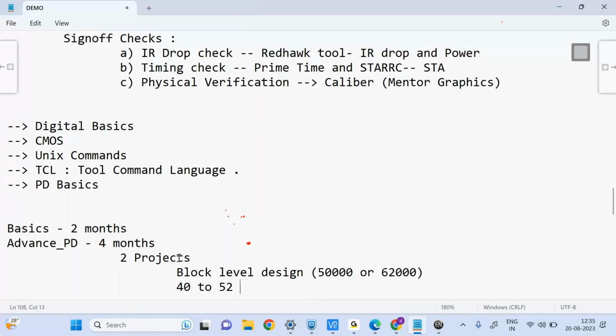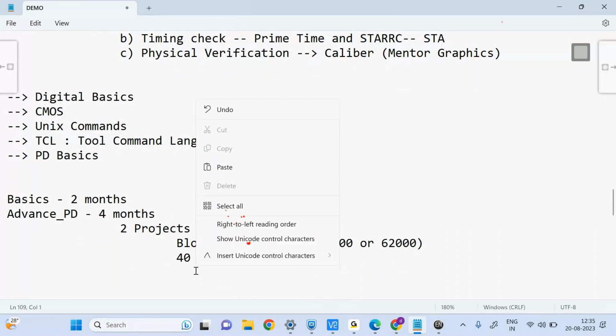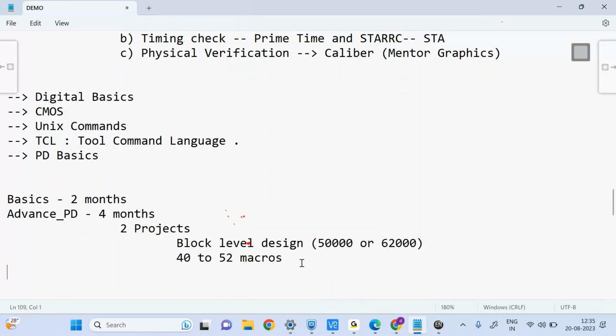One project has 40, another project has 52. Next is the technology, 28 nanometer or 14 nanometer. And we have 5 clocks in the design.